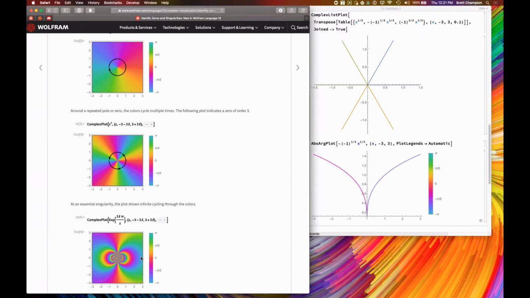And so we go turquoise to turquoise to turquoise, and then we start coming out the other side. And in the middle here, at the essential singularity, you get that infinite cycling of your color function, corresponding to the function taking on an infinite number of values around that point.